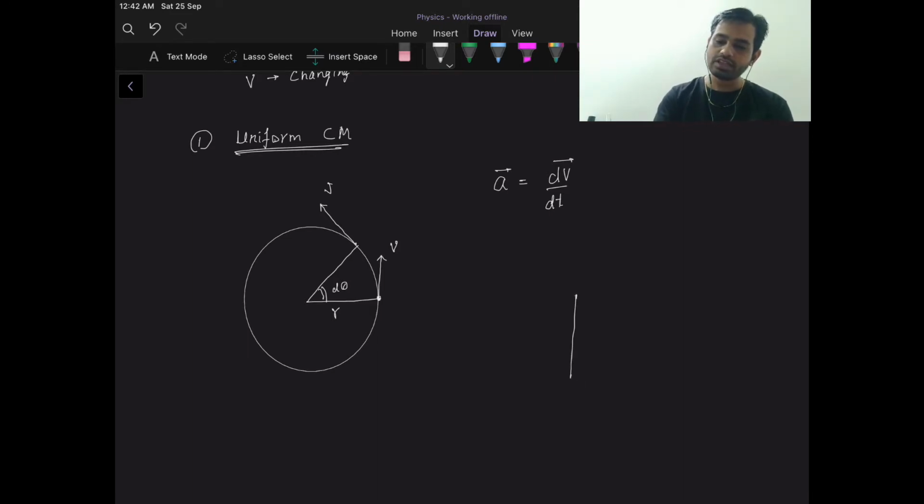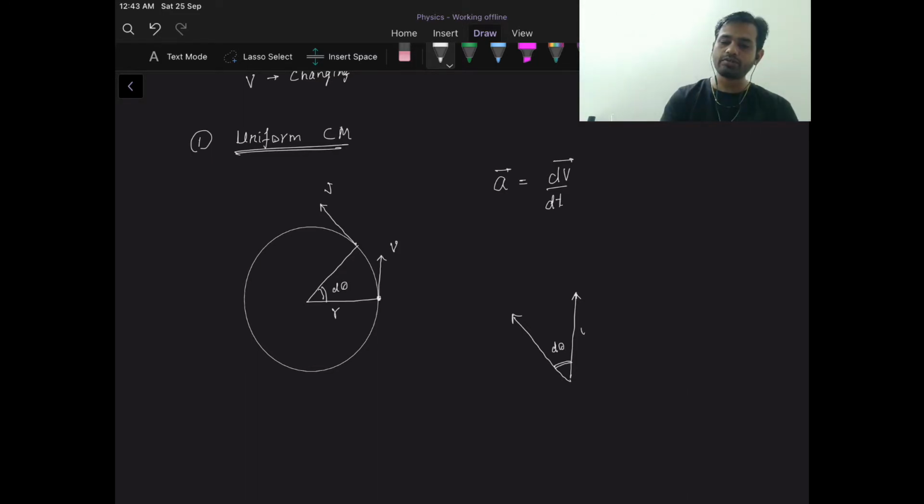Suppose this is the initial velocity vector, and since the radius vector is rotated by a small angle d theta, the velocity vector will also be rotated by a small angle d theta. So this will be the final velocity vector, and this angle is d theta.